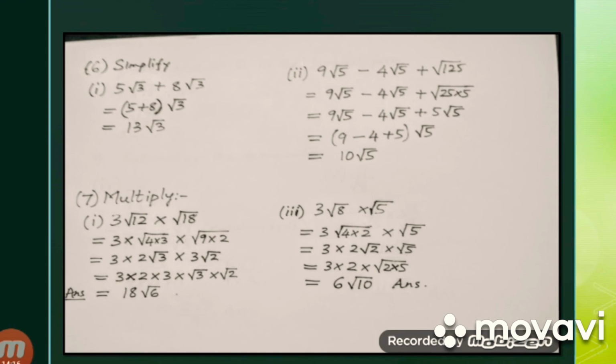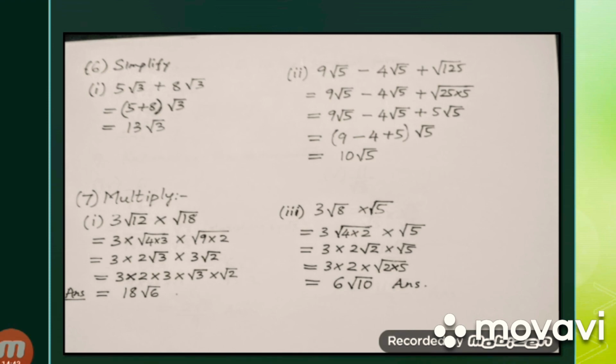Question number 7. Multiply. The first one, 3 root 12 into root 18, that is equal to 3 into root of 4 into 3 into root of 9 into 2, that is equal to 3 into 2 root 3 into 3 root 2. So that is equal to 3 into 2 into 3 into root 3 into root 2, and that is equal to 18 root 6.